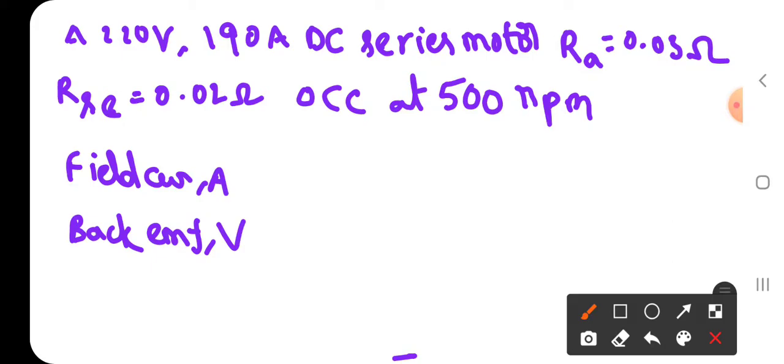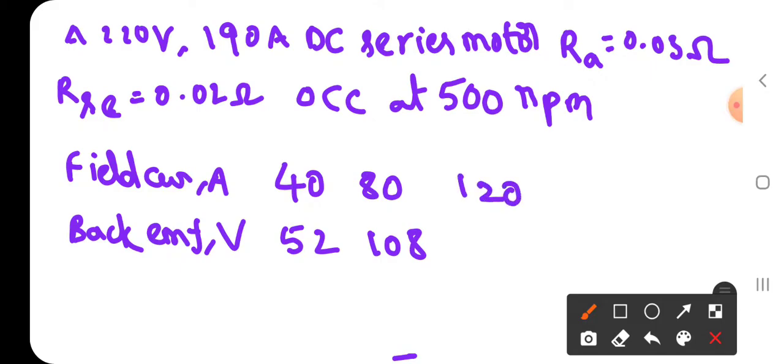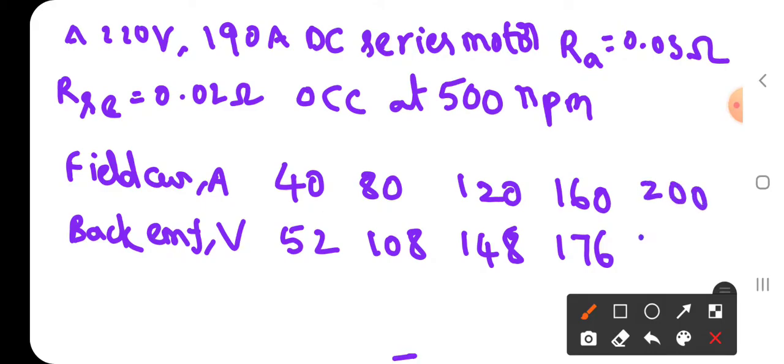So the values are 40, 52, 80, 108, 120, 148, 160, 176, and 200, 189. Okay, let's draw this as one table.